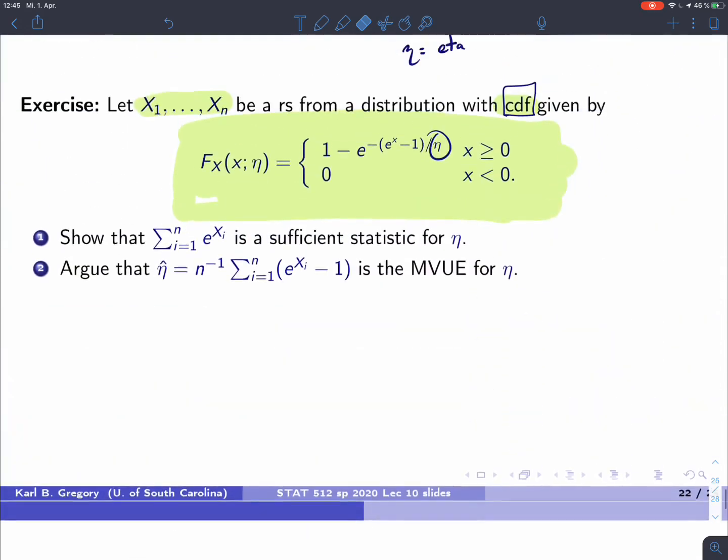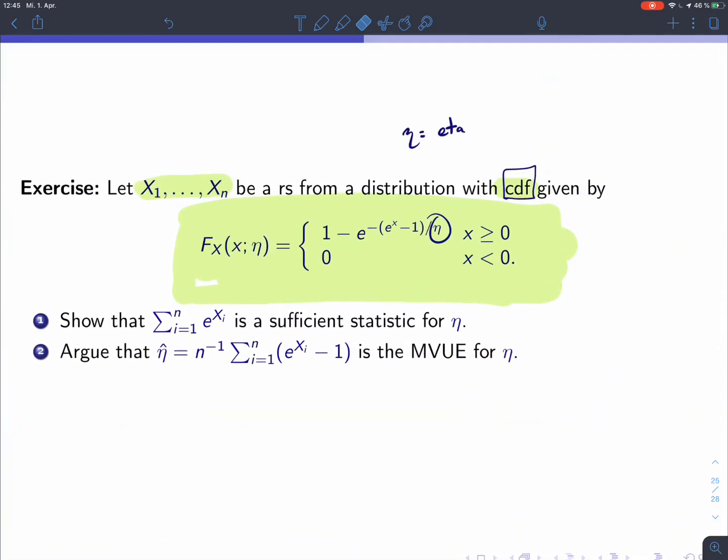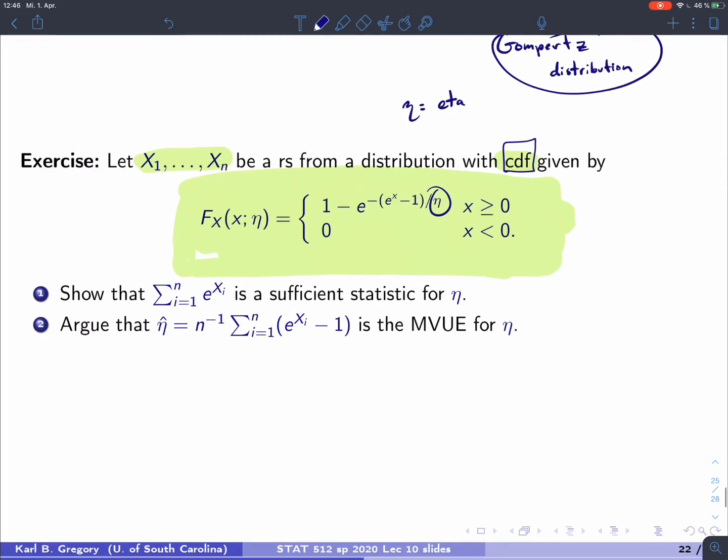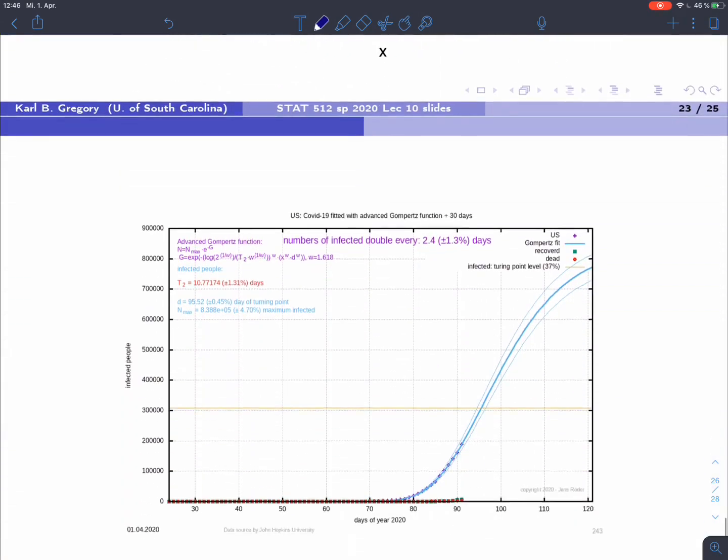And this CDF is the CDF of a simplified version of a distribution called the Gompertz distribution. The full Gompertz distribution has an additional parameter, but to simplify the example, I set that parameter equal to 1. Why is that interesting right now?